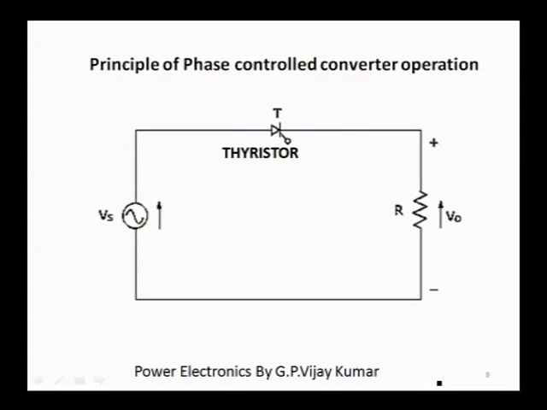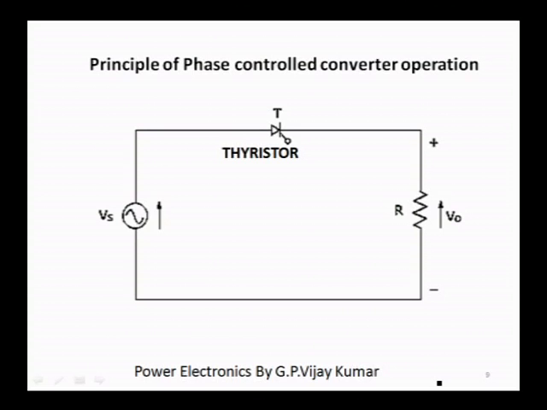Let us take up the principle of phase controlled converter operation. The figure shows a thyristor T excited by a voltage source and connected to a resistive load.